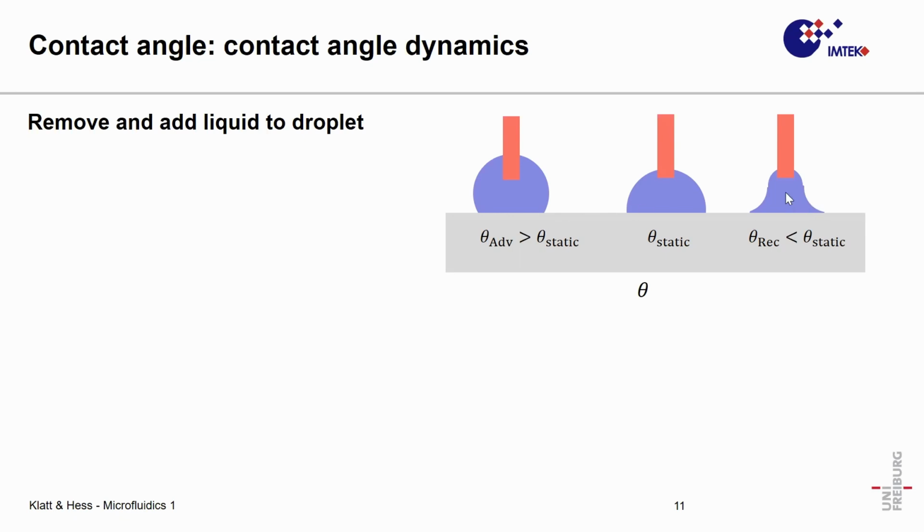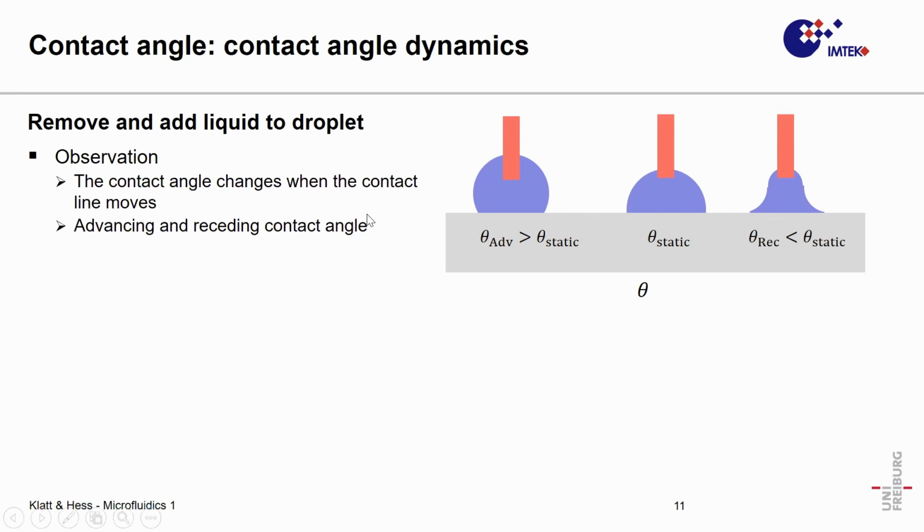If you remove liquid, the contact angle gets smaller than it is in the static case. So in general, you can see that there is a change in contact angle depending on the direction of movement of your droplet.